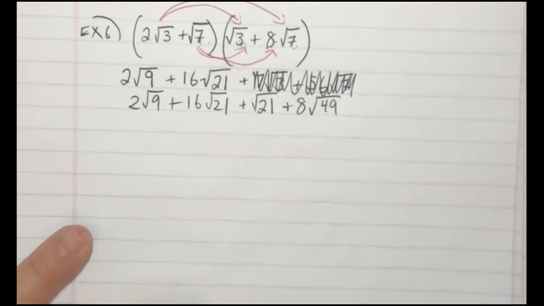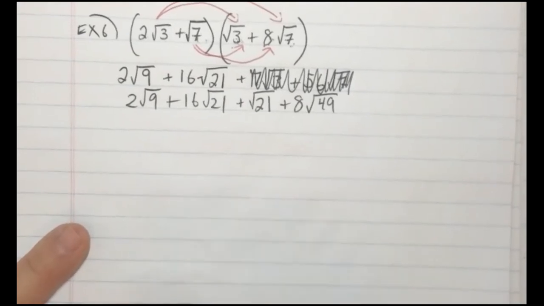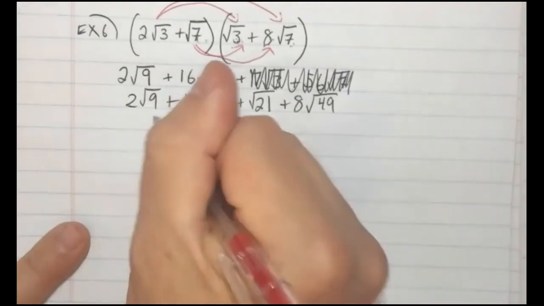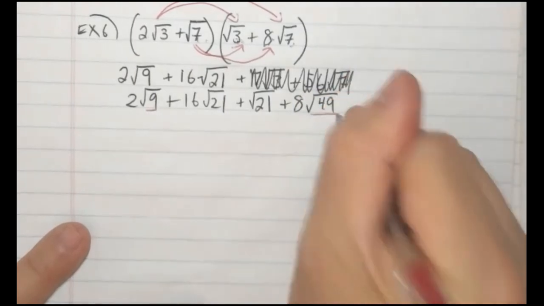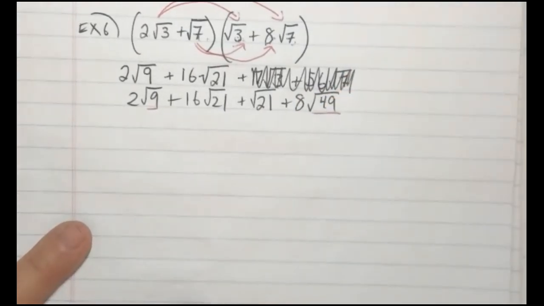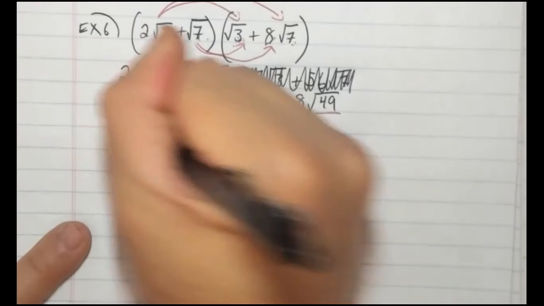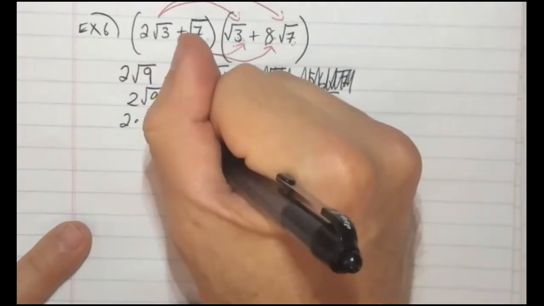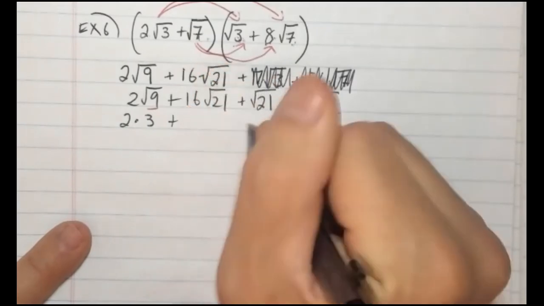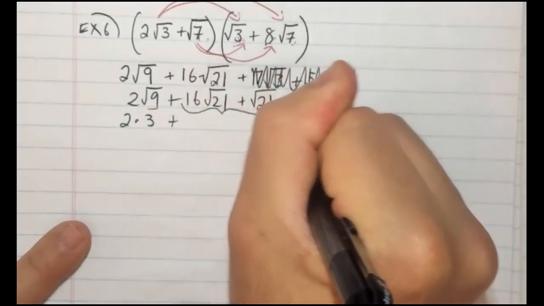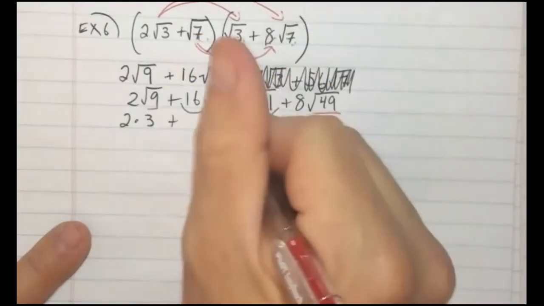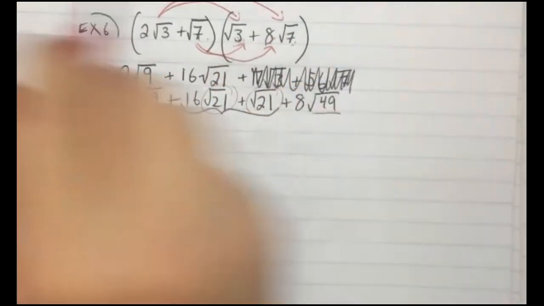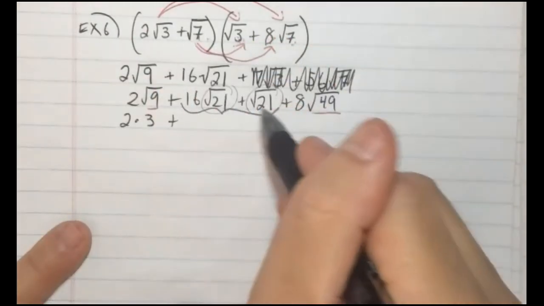Now we're going to work on simplifying a little bit. Hopefully what you notice is that 9 is a perfect square and 49 is a perfect square. Square root of 9 we know equals 3. What else you may notice is that these terms in the middle both have square root of 21, so we can add these two together.